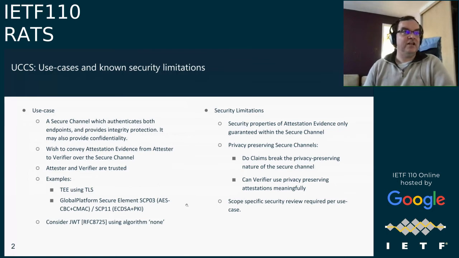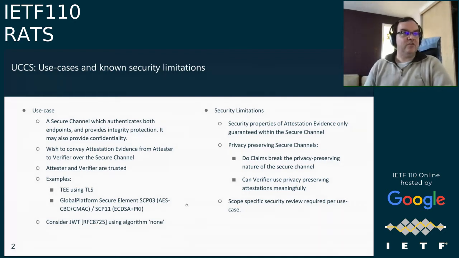But essentially, the security properties of attestation evidence are only guaranteed when they're within the secure channel. If the attester and verifier are trusted, then the assumption is that the verifier is going to manage the attestation evidence in a trustworthy fashion, but that is somewhat out of scope.